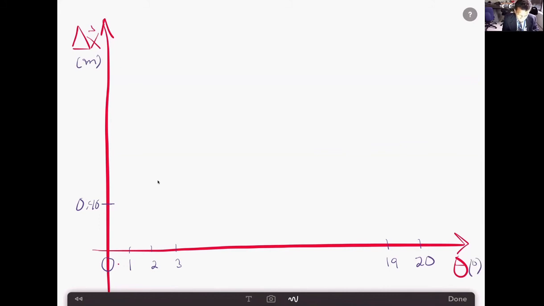So this is going to be our first ordered pair, 0 degrees and 0.40 meters. It's our first ordered pair. And then our next ordered pair is going to be at around 0.83.